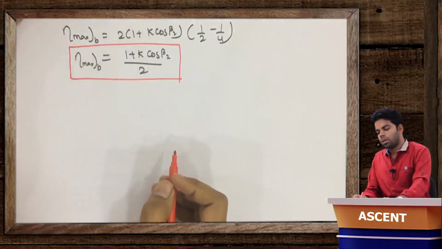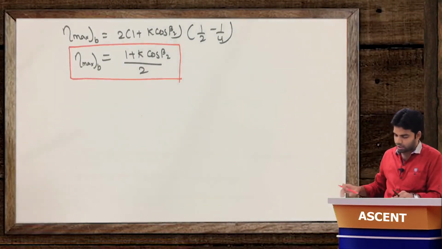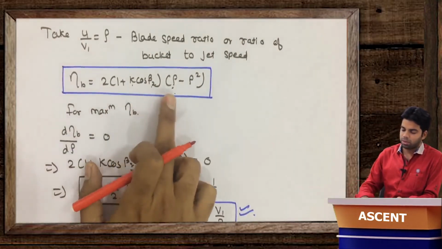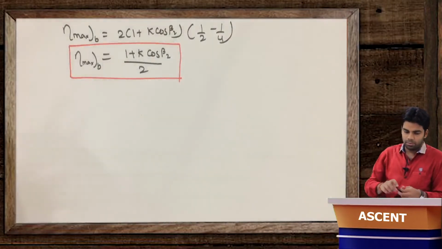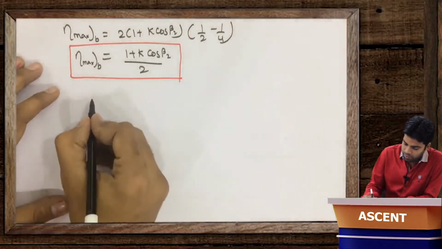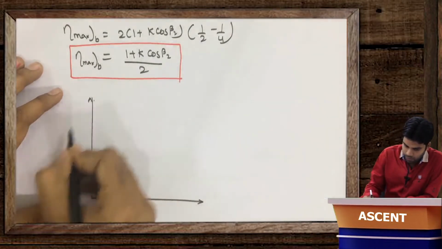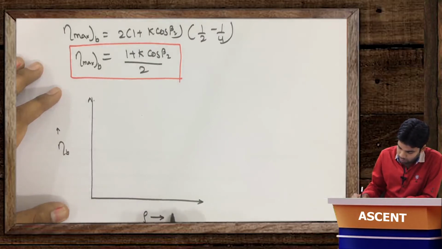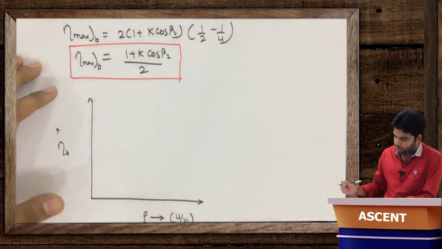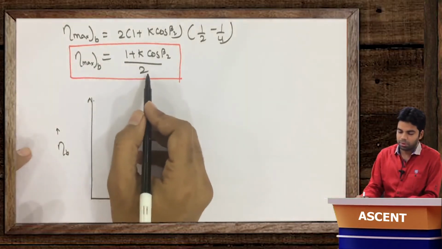Getting this now? Okay, now how would be the variation of this efficiency? This efficiency is varying with respect to rho as eta b is equal to 1 plus k cos beta 2 into rho minus rho square. That means if I draw the graph between blade efficiency and the value of rho, which is u by V1, I will get a parabola with maximum efficiency as 1 plus k cos beta 2 divided by 2.